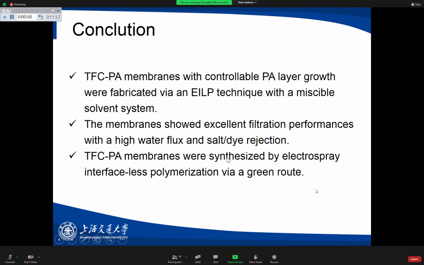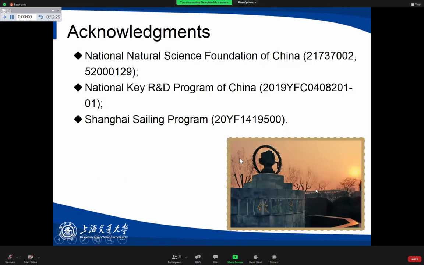A single or mixed solvent is allowed, and the PA membrane can be fabricated by the ELP through a green route by using green solvent. That's all. Thank you for your attention.